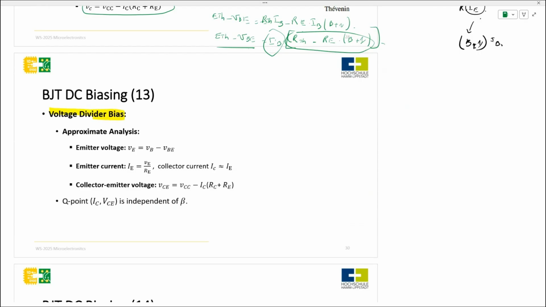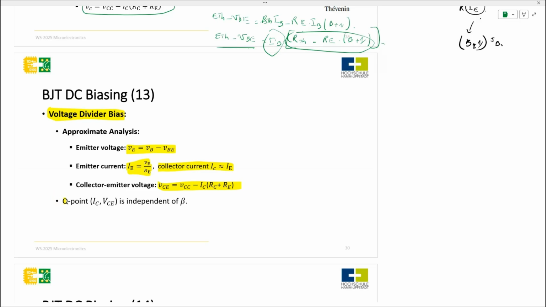So this is our voltage divider bias, and since we know these equations, we can conclude the other ones. So our VE will be our VB minus VBE, and our IE will be our VE divided by RE. So since the collector current is almost equal to the emitter current, the final one, VCE, could be this equation, VCC minus IC multiplied by RC plus RE.